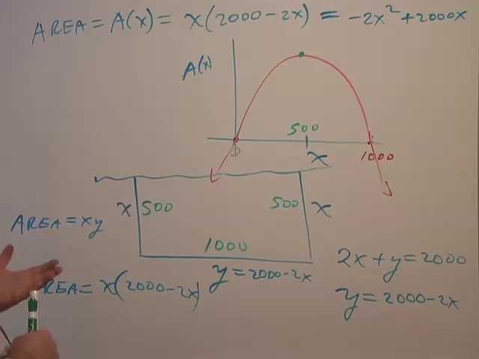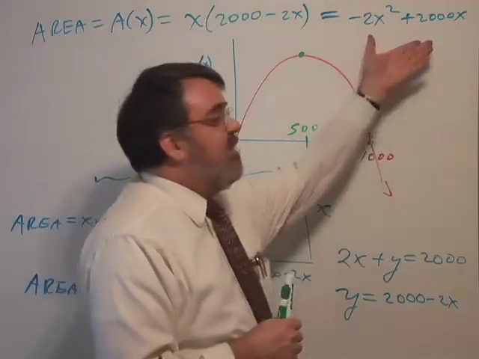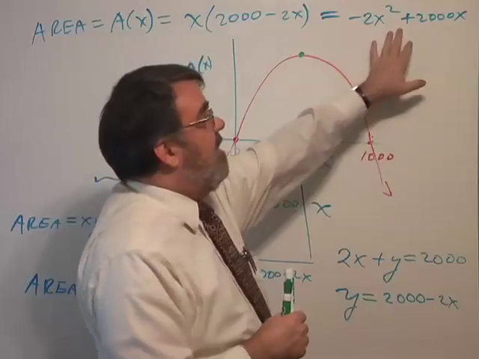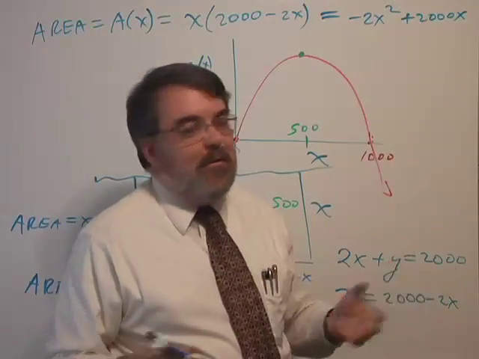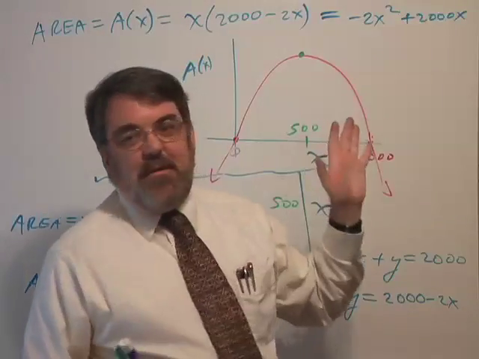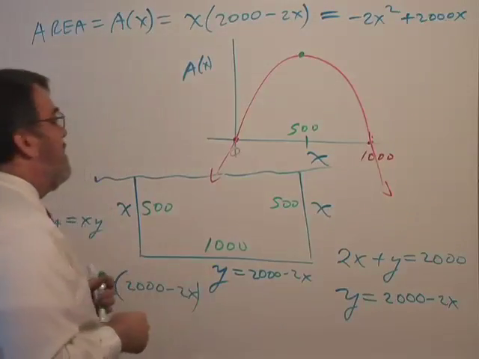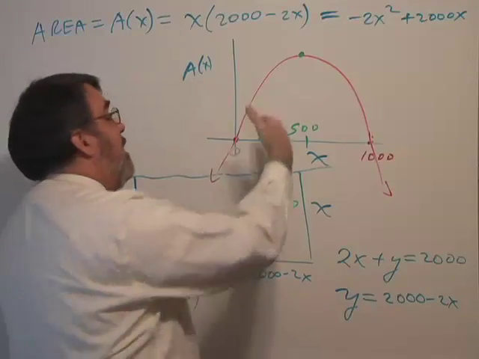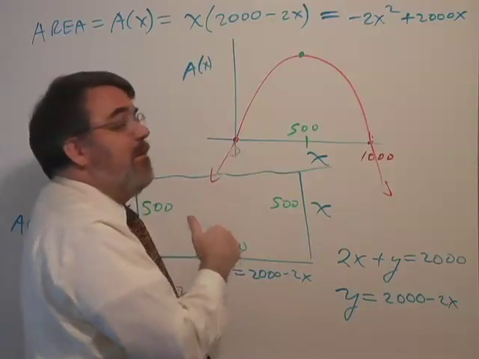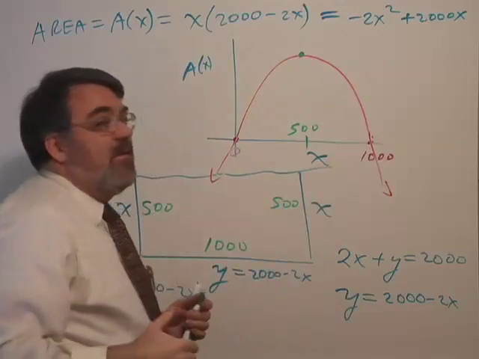Now I realize you can also use that little formula, x equals minus b over 2a, in order to find the vertex for this. So you can proceed to use x equals minus b over 2a, find the vertex that way if you prefer. I wanted to show you the picture though, of this problem, because here's the area. Where is the maximum area? It's at the top of the curve, which is the vertex.